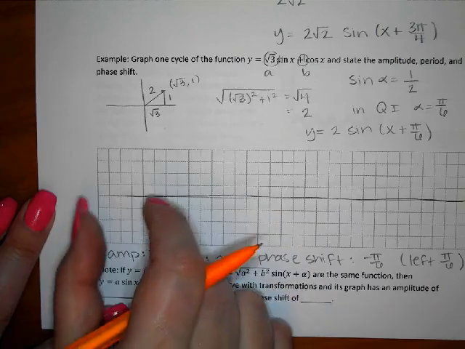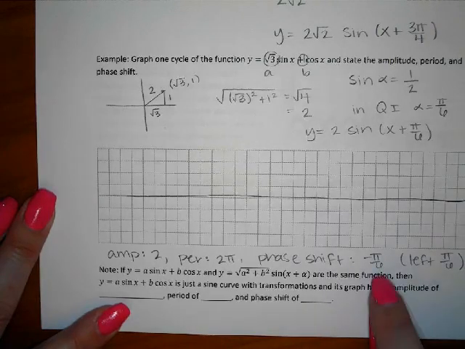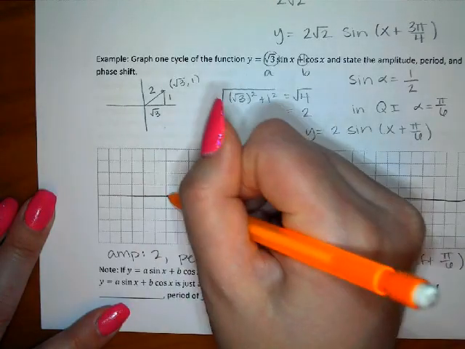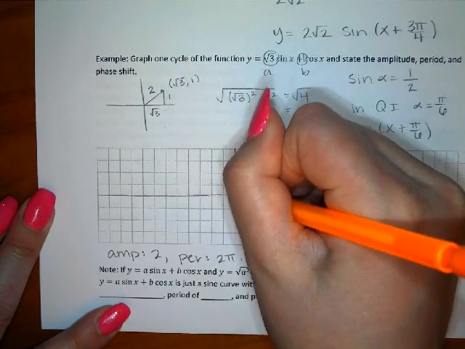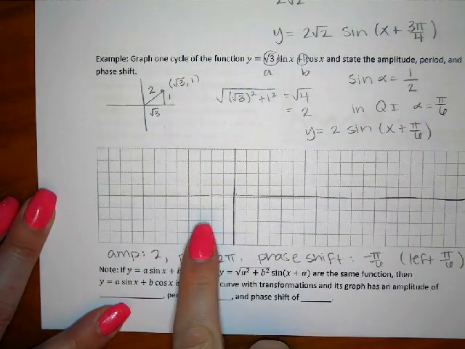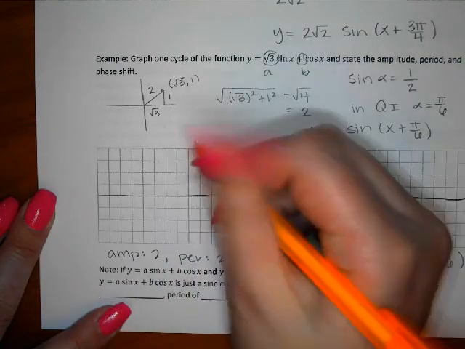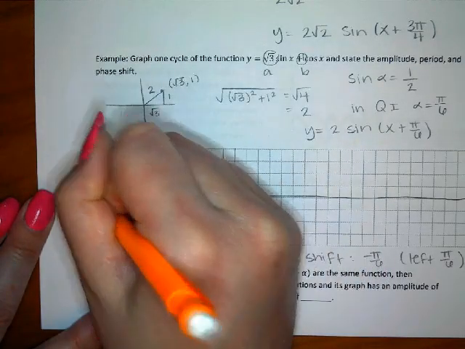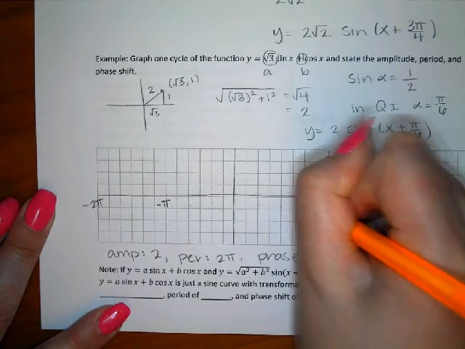And since the period is 2 pi, but I have to move left pi over 6, I'm going to do 2, 4, 6, 8, 10, 12 for 2 pi, because that will let me do 6 for pi, which will be easy to do 1/6 to the left and right. So 2, 4, 6, there's a pi. 2, 4, 6, there's a 2 pi. Continuing, 3 pi.